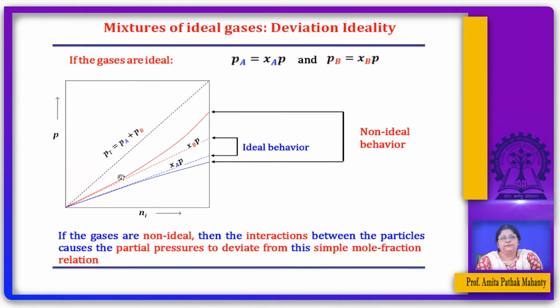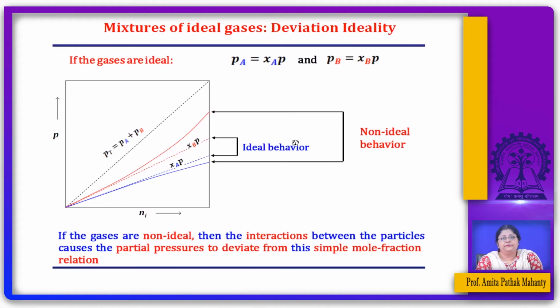So the partial pressure of A is no longer exactly the mole fraction of A times P, where P is the total pressure, and similarly the partial pressure of B is not exactly the mole fraction of B times the total pressure. This is the deviated line and this is the deviated line.